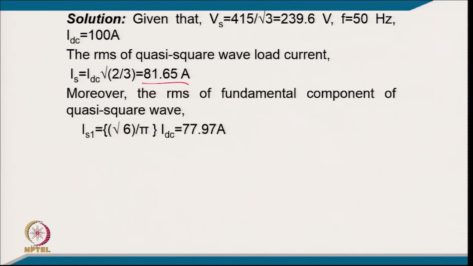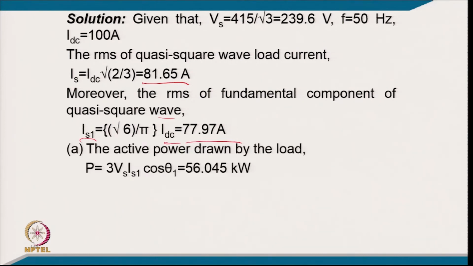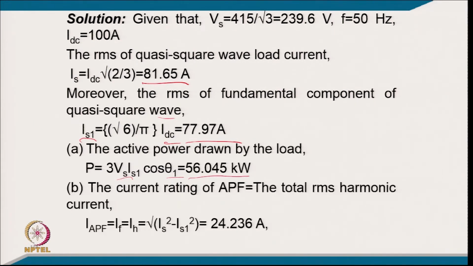Moreover, the RMS fundamental current of the quasi-square wave will be IS1 equal to under root 6 by pi into IDC, that becomes 77.97, and the active power drawn by the load will be 3 Vs IS1 cos theta 1. So, it comes to 56.045 kilowatt.